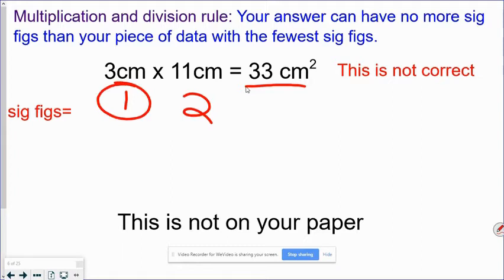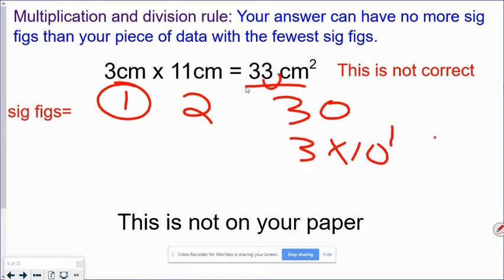The fewest significant digits is 1, so we have to write 33 with 1 significant digit. We could write 30, or we could write 3 times 10 to the first centimeters squared. Either way would be fine.